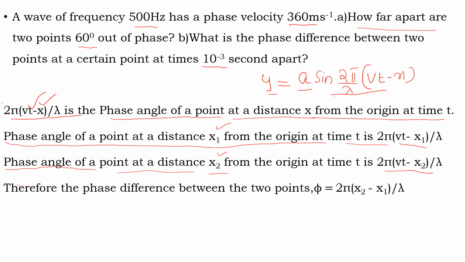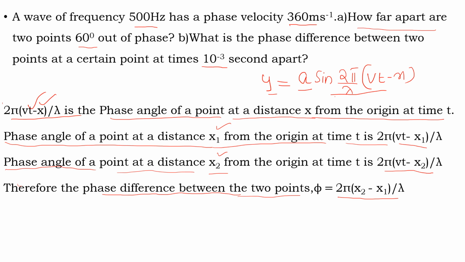For that, we can consider the phase difference between the 2 points x1 and x2. Phi is equal to 2 pi by lambda into x2 minus x1. That is, the phase angle of a point at a distance x1 from the origin is 2 pi by lambda into vt minus x1.